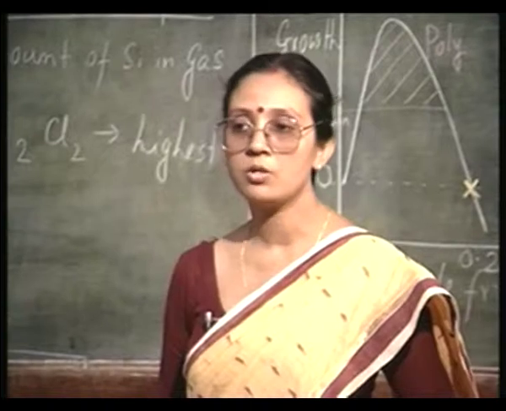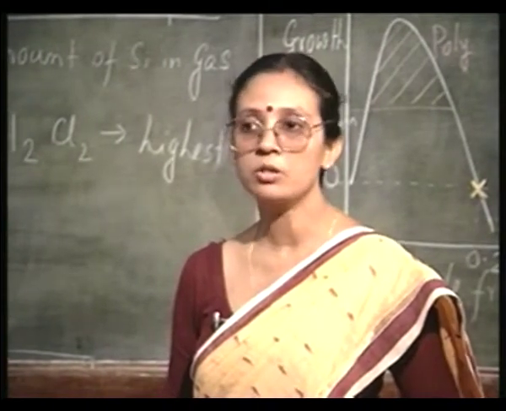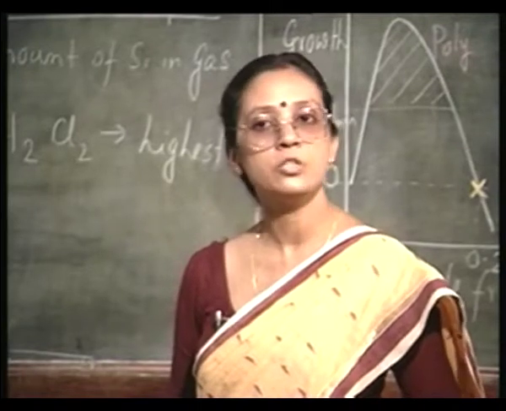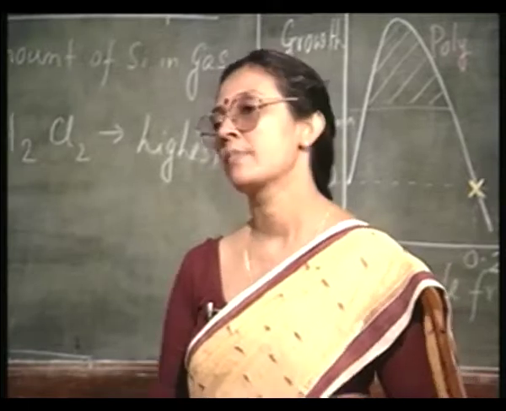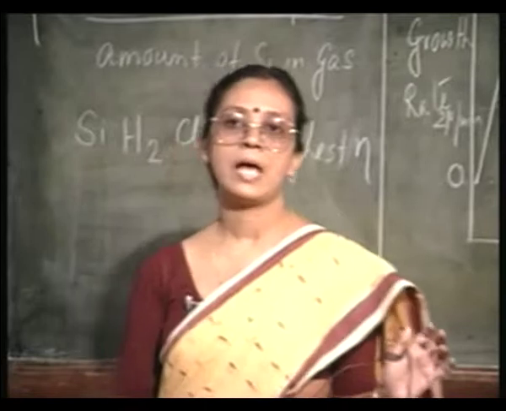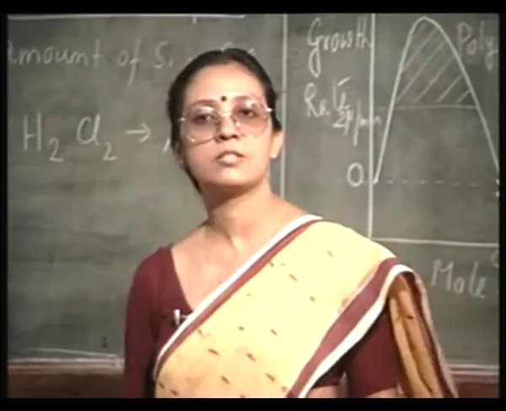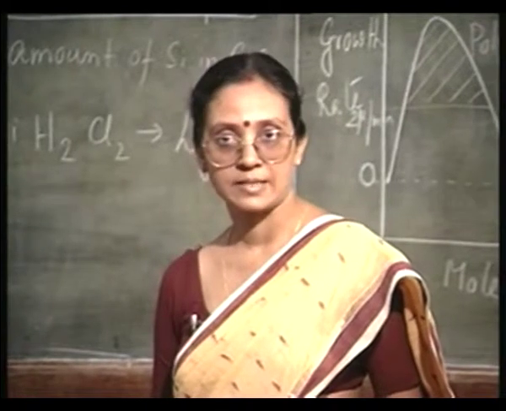Silicon tetrachloride or SiHCl3 or SiH2Cl2, they are all called part of the chlorosilane route to silicon epitaxy. Remember, all of them will have as a byproduct HCl, which is a very dangerous gas.